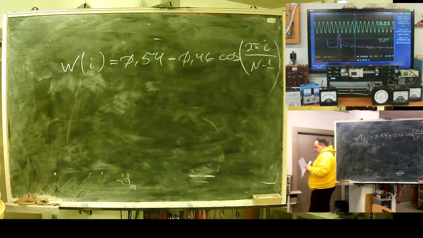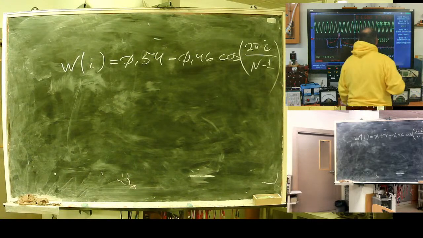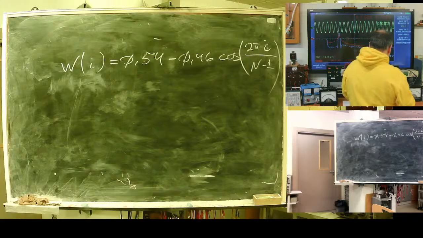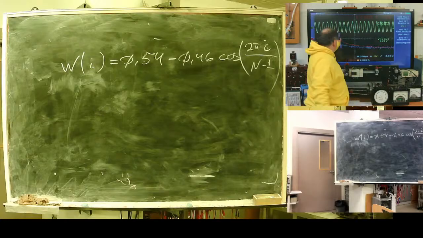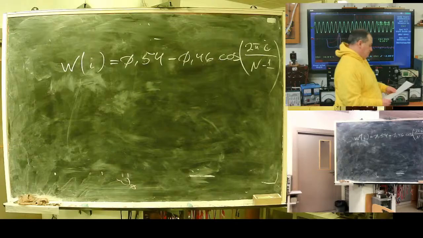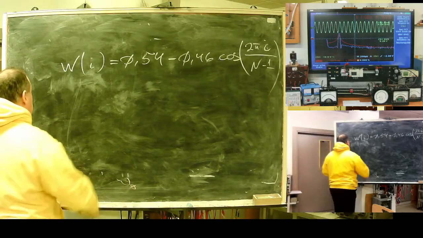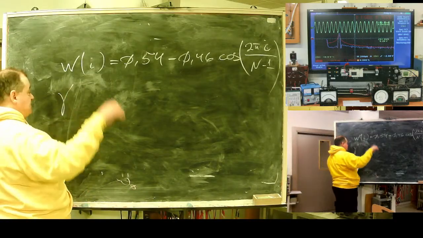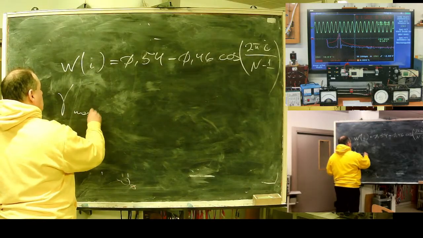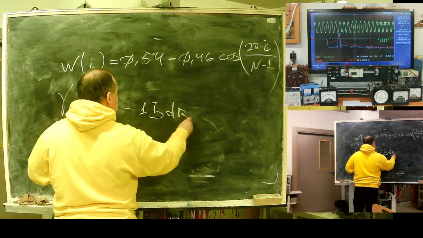As a result, I have my side lobes, and this part is determined by side lobes. For a simple rectangular window, the normalized level of side lobes is at minus 13 decibels.